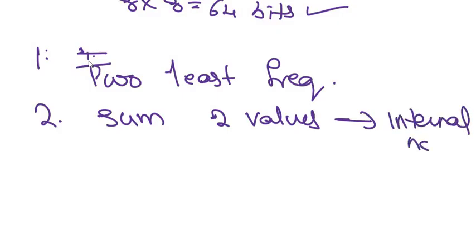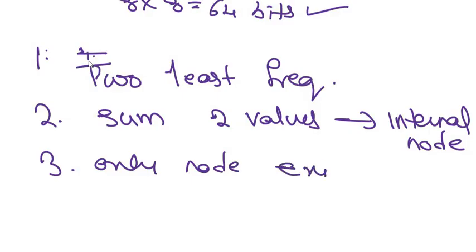This process should be repeated until only a single node exists in the tree. We repeat these steps until we create the complete Huffman tree.